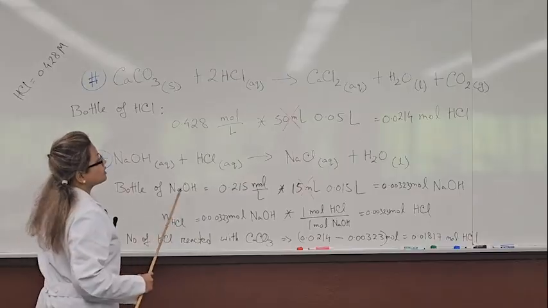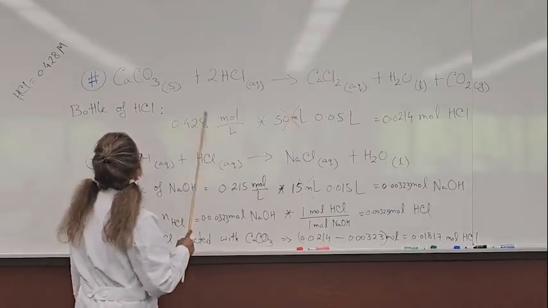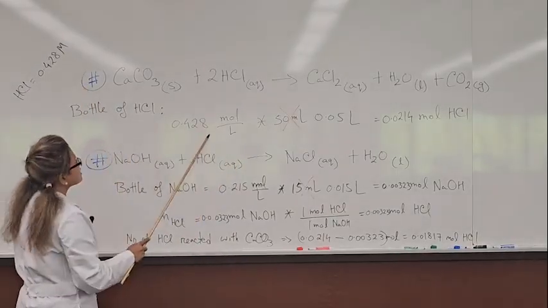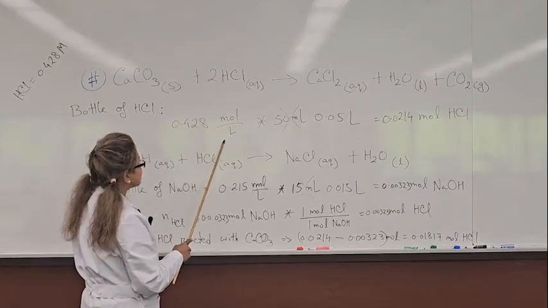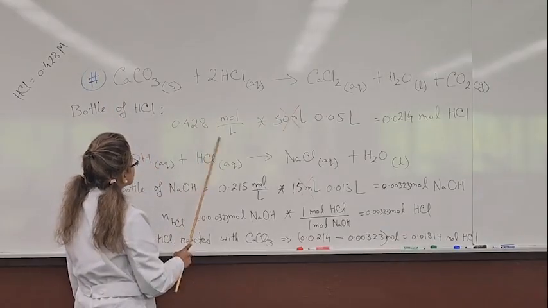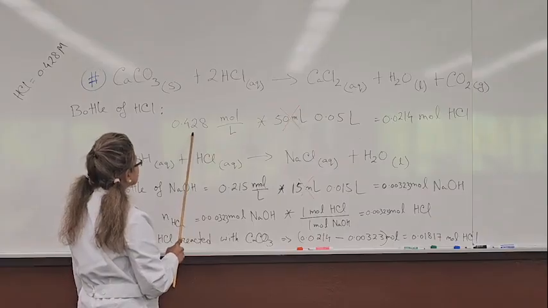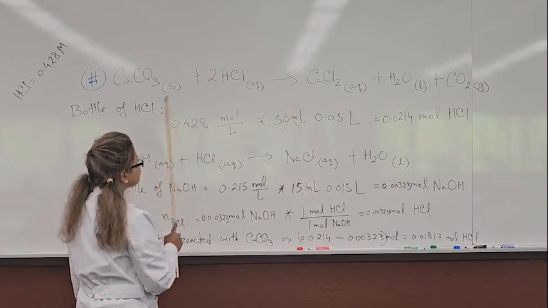As I'm going to do the reaction and everything, we always use the moles. So molarity, if you define it, is mole per liter. On the bottle, it was labeled 0.428 mole per liter of hydrochloric acid.